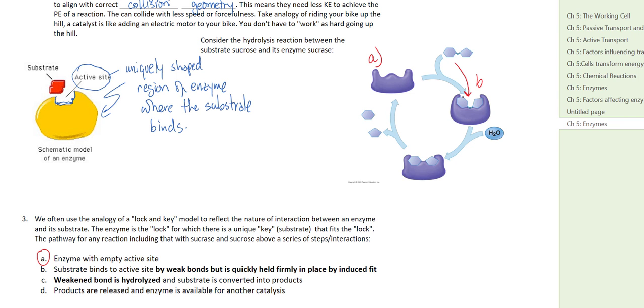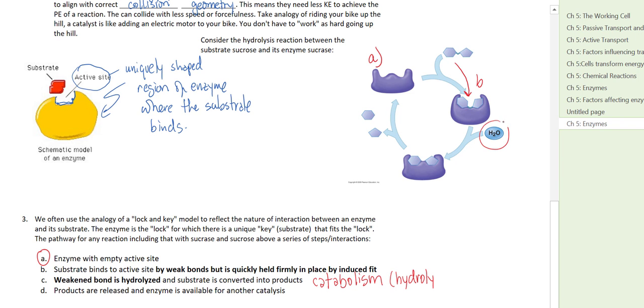This binding into the active site creates a weakened bond that is often, remember, hydrolyzed. So when we break bonds apart, breaking of things in chemical reactions we refer to as catabolism, and specifically in the case of most metabolic reactions in our cells, hydrolysis, so water being added.